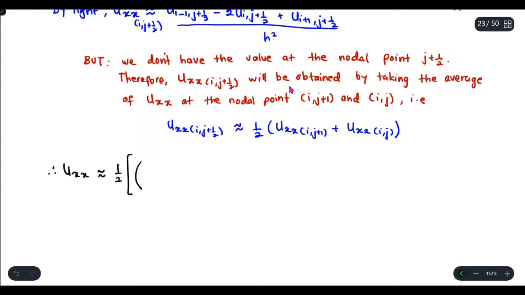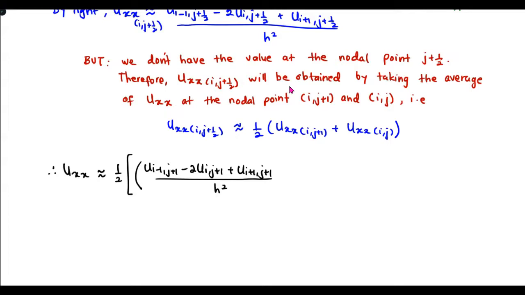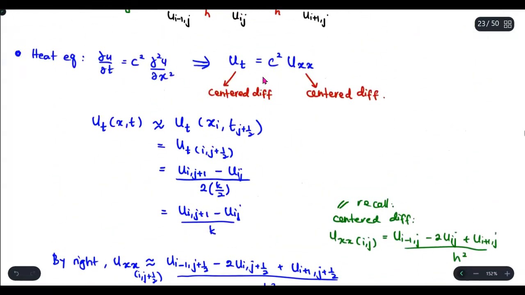So put bracket over there. You have u_(i-1,j+1) minus 2u_(i,j+1) plus u_(i+1,j+1) over h squared. So that is u_xx evaluated at (i, j+1). And then plus the u_xx evaluated at (i, j). (i, j) is at the bottom.